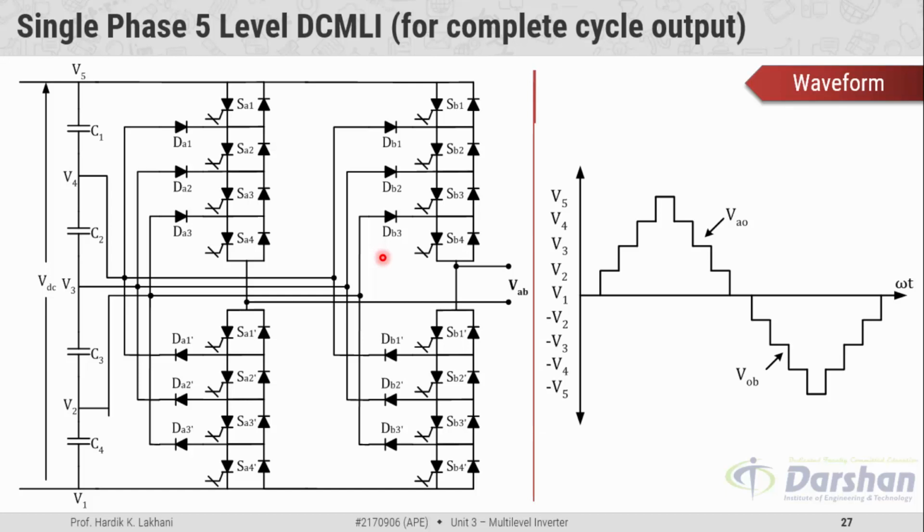To produce the negative half cycle by the leg B, the leg B refers to the same switching table as leg A. The difference is only the phase delay of half cycle. So using this 5 level DCMLI, we can have single phase AC signal across its output terminal.